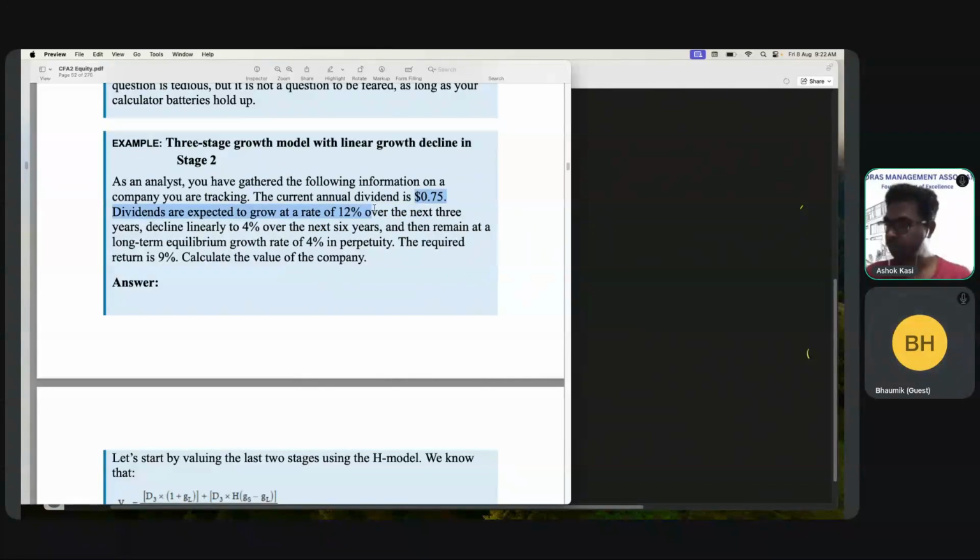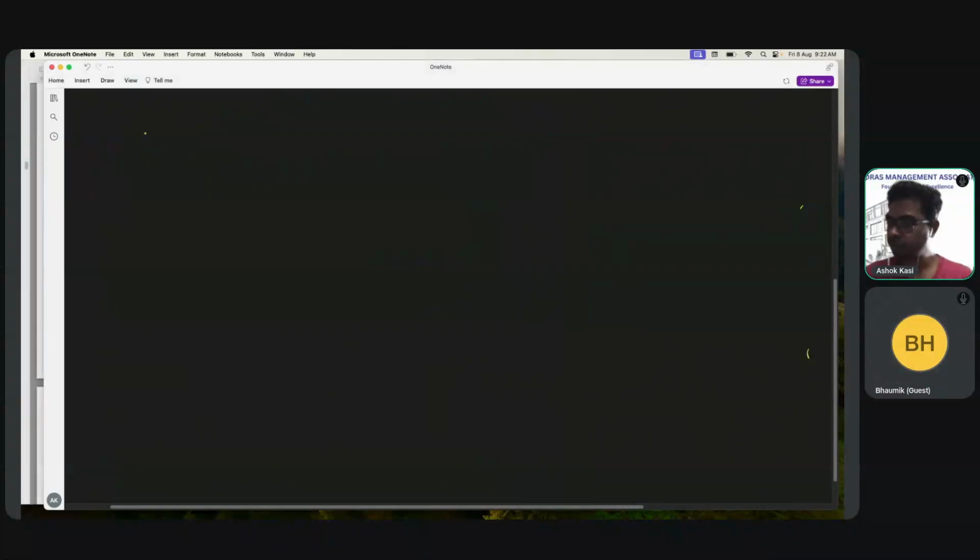So first of all, current dividend 0.75 is expected to grow at 12% over the next 3 years.